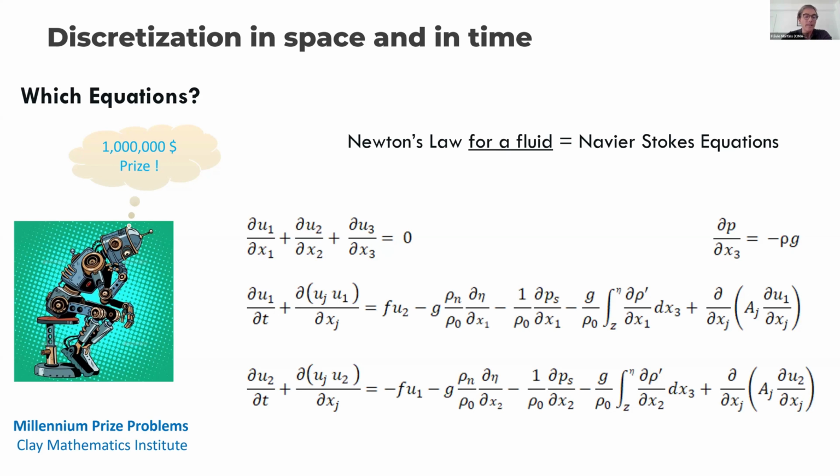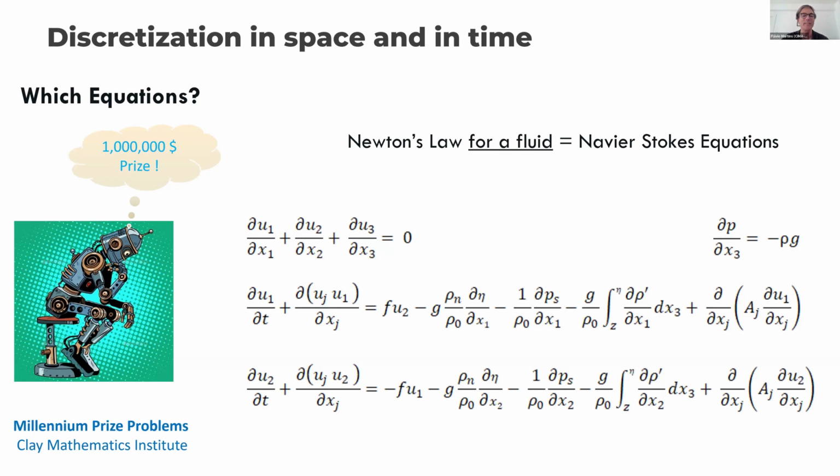In fact, the Clay Mathematics Institute, an American institute of mathematics, in the year 2000 identified 8 challenges, and they created these 8 Millennium Prize problems. Each prize is 1 million euros, okay? Those are mathematical challenges of the century.